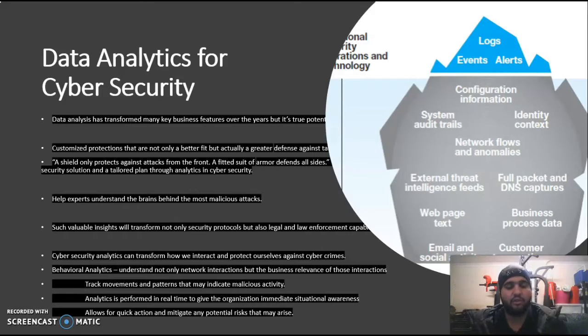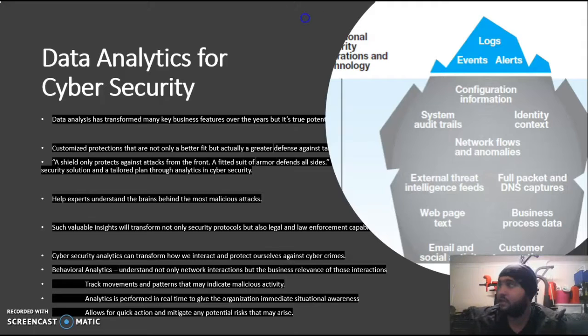Since we already know the data of the past, it helps us with system audit trails, identify context, network flows and anomalies, external threat intelligence feeds, full packet and DNS captures, web page text, business process data, email and social activity, and customer transactions. Analytics is performed in real time to give the organization immediate situational awareness. It allows for quick action and mitigates any potential risks that may arise.